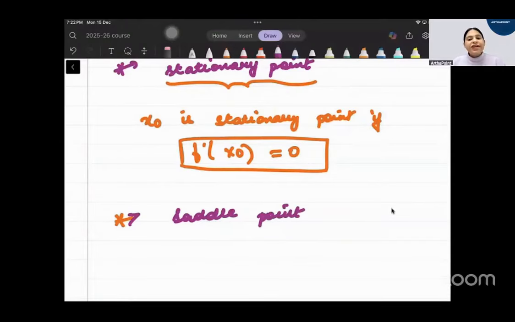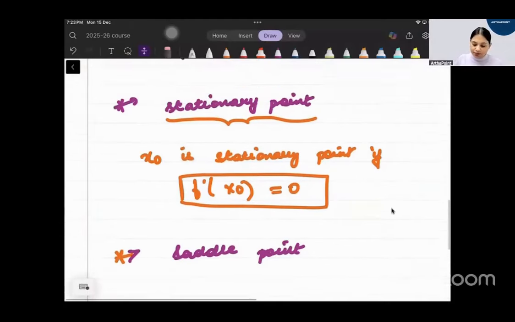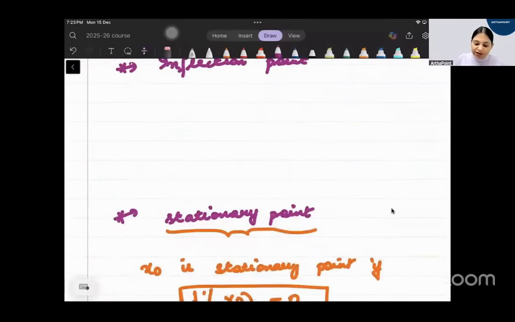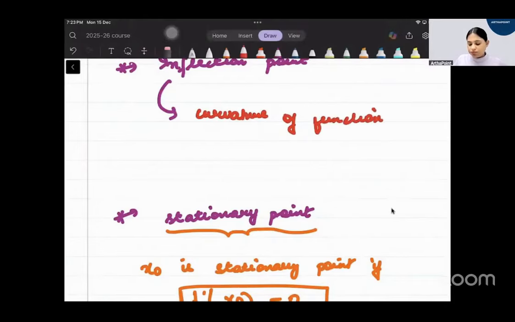So inflection point is any point where your curve changes the curvature. ठीक है? Where the curvature of the function changes.